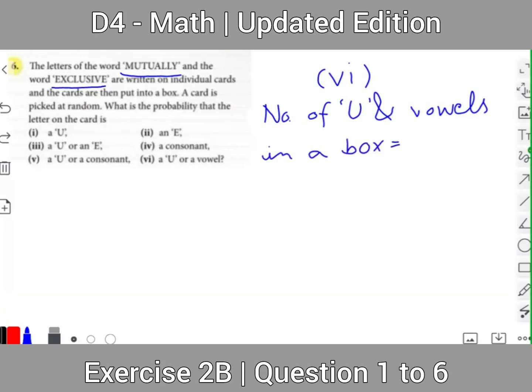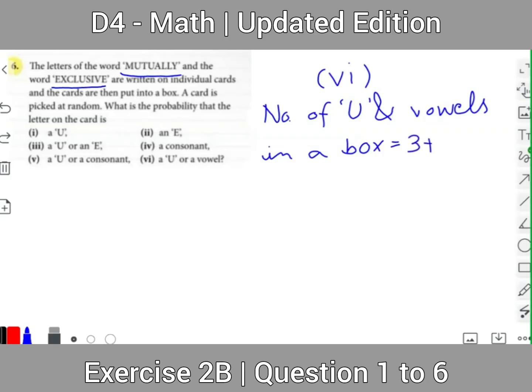Here we have 3 vowels in the word mutually, and 4 vowels in the word exclusive. But we have to find out the number of U's and the vowels in the box. In the word mutually, we have 2 U's, and in the word exclusive, we have 3 U's. So the number of U's is 3.